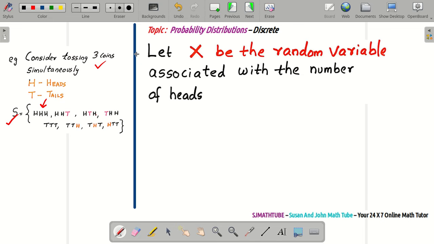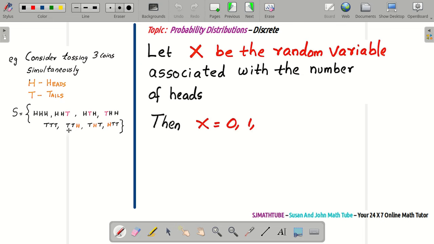So we have a random variable that is associated with the number of heads. So the possible values of x, can you guess the possible values of x? Yeah, x can be 0, because take a look at this case.